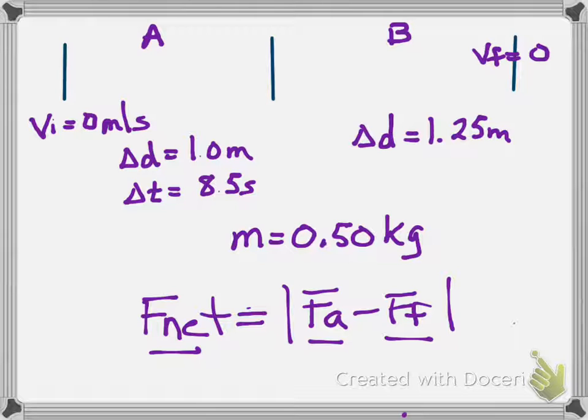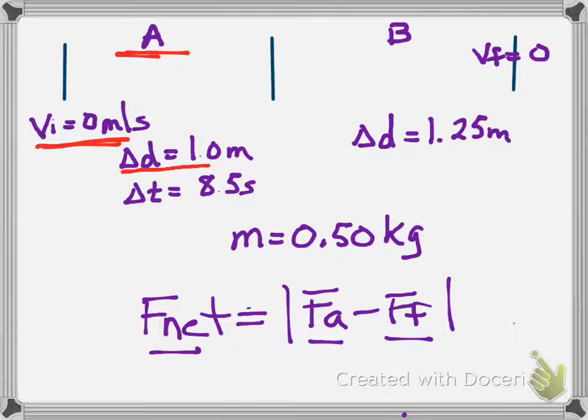So in this particular setup, what I've done is I've broken it down into section A and section B. Section A is looking at when the skateboard, there's been an applied force, and it states that it has a constant applied force. It is accelerating through that section. So it's starting off with an initial velocity of 0.